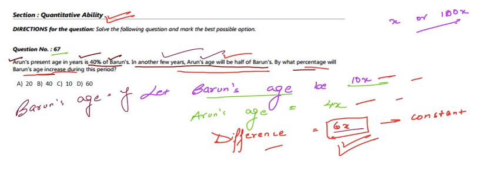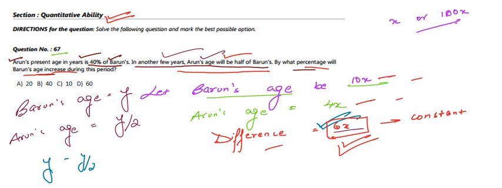Then Arun's age will be half of this, so y by 2. The difference between both of them is 6x, so y minus y by 2 equals 6x. So y by 2 equals 6x, therefore y equals 12x.